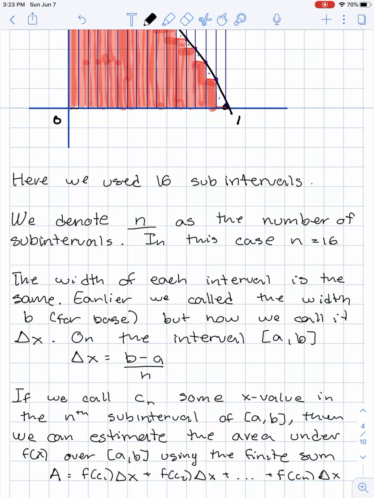So if we call c sub n some x value in the nth subinterval, we've seen how it's going to be the larger of the endpoints, or the smaller endpoint, in the upper and lower sum.